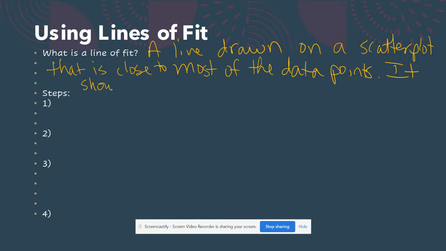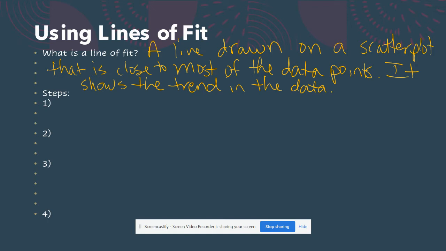It shows the trend in the data, if there is one. So those lines that I was trying to draw to talk about the correlations, if I were to actually draw a line, then that would have been a line of fit.